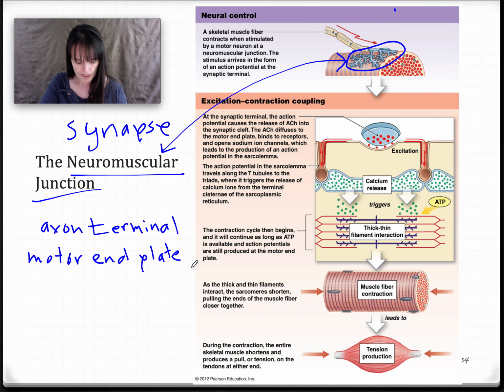Next video. So the motor end plate is a specialized region of sarcolemma. The gap between the axon terminal and the motor end plate is a synaptic cleft.